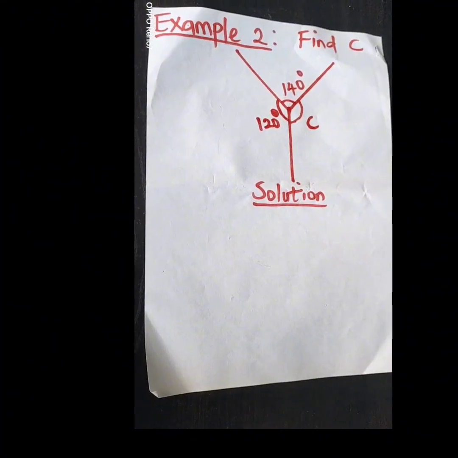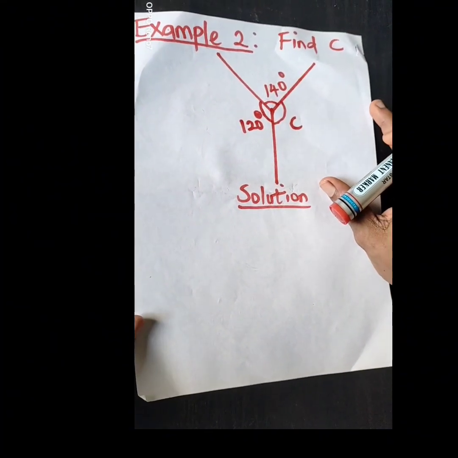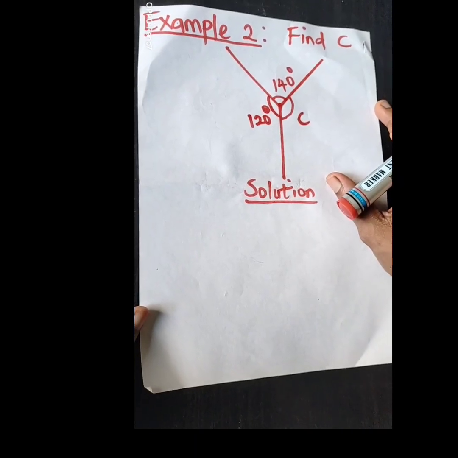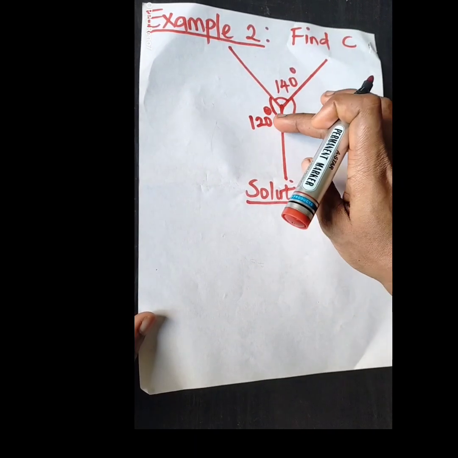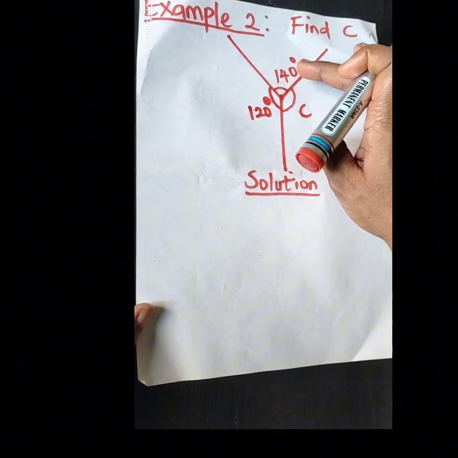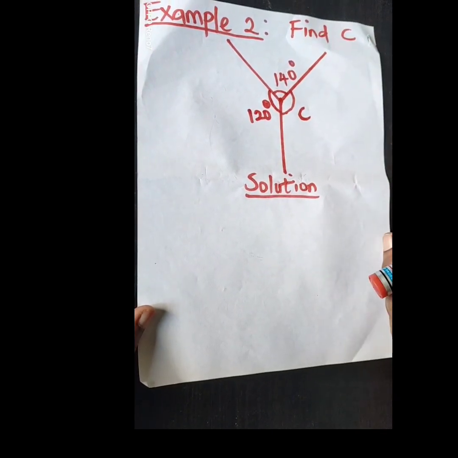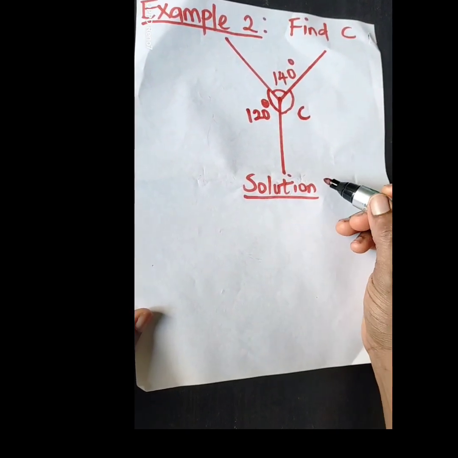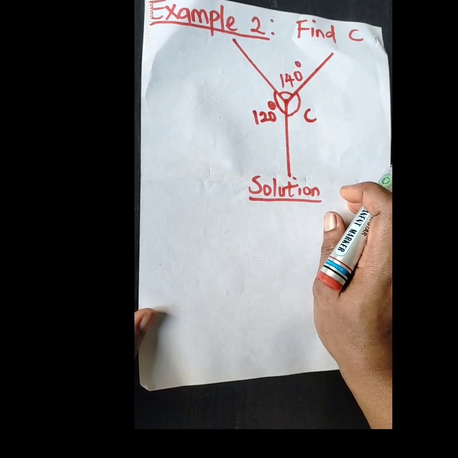Here's example 2. They said find C. Now recalling one of the properties that says angle at a point is equal to 360 degrees. From here to here we have 120 degrees, from here to here you have 140 degrees, and from here to here we have C. The sum of angles at a point is equal to 360 degrees.